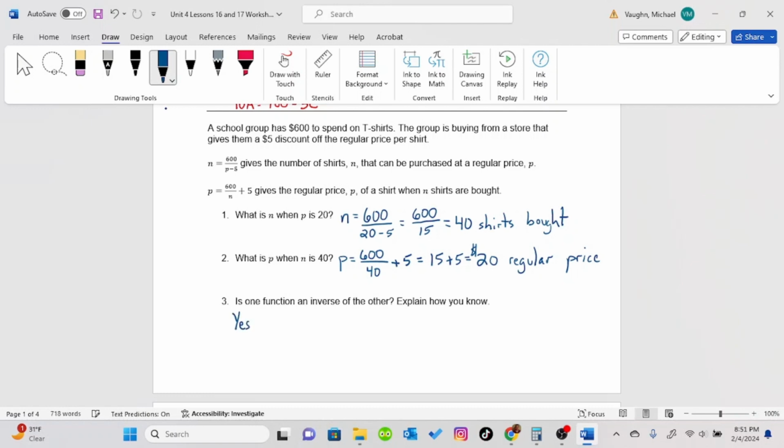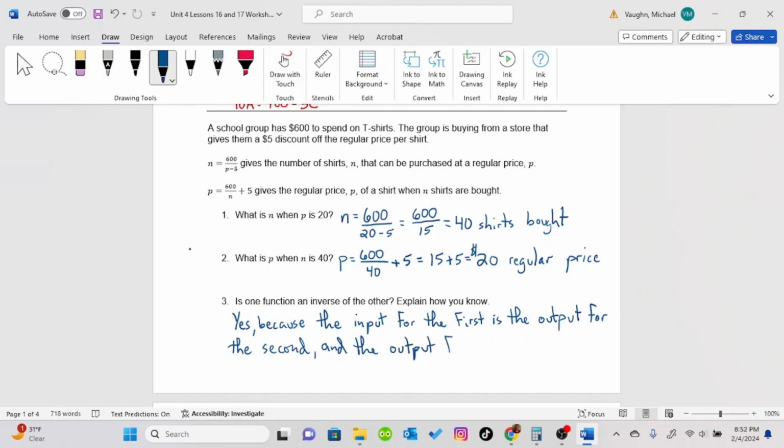So yes, because the input for the first is the output for the second, and the output for the first is the input for the second.